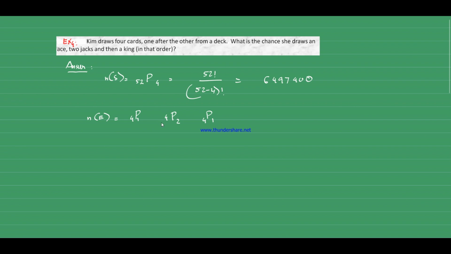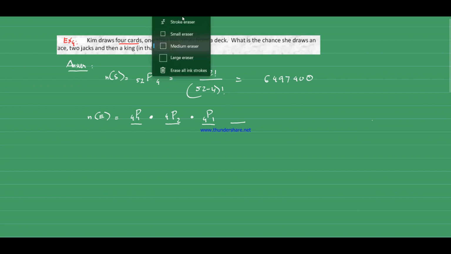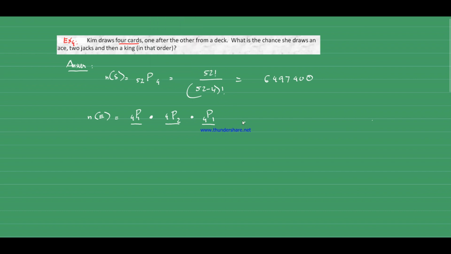And we're gonna go ahead and multiply each other. So we have 1, 2, 1. I think that's good. I don't think that we need another because there's only 4 cards right here.